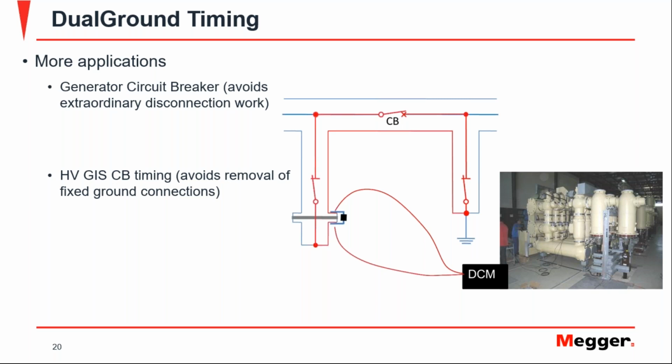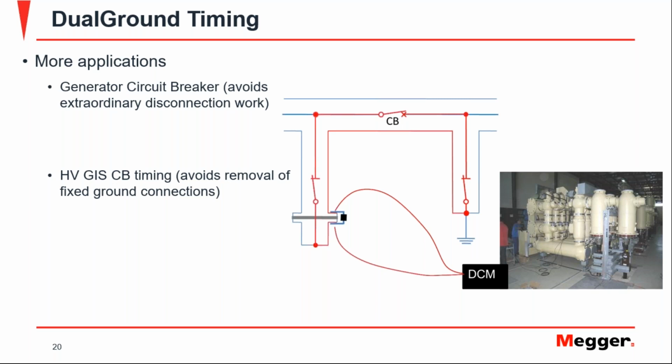So if we inject the current, it will be divided equally, or the majority of the current will go through ground. That will be very affected. In that case, you need an extra accessory, a CT, to measure the current going through the ground circuit, and thus the circuit breaker contact resistance can be determined.